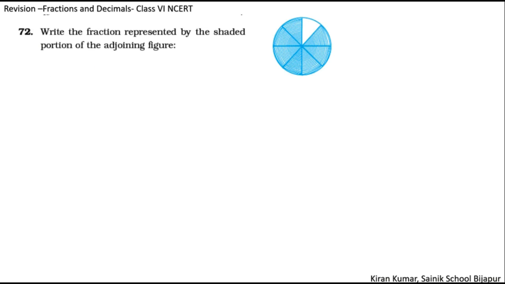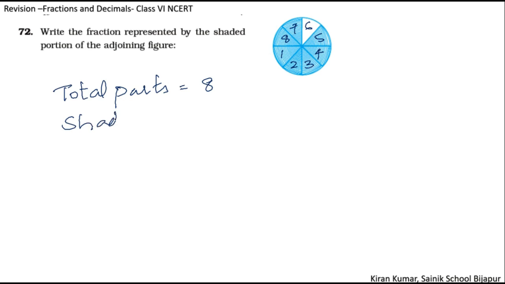Question 72. Write the fraction represented by the shaded portion of the adjoining figure. Here we better count the number of parts. 1 2 3 4 5 6 7 8. Totally 8 parts are there. Total parts. In those total parts, how many are shaded parts?